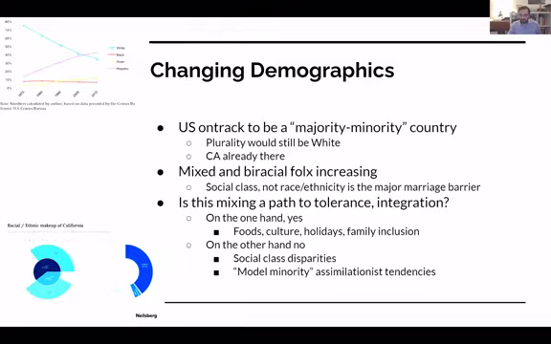There is an interesting trend, is what I mean to say, that social class has become the major barrier to marriage and children and relationships, whereas race and ethnicity used to be the case before. So more and more people are willing to marry cross-race, cross-ethnicity, as long as both partners are in the same socioeconomic zone.